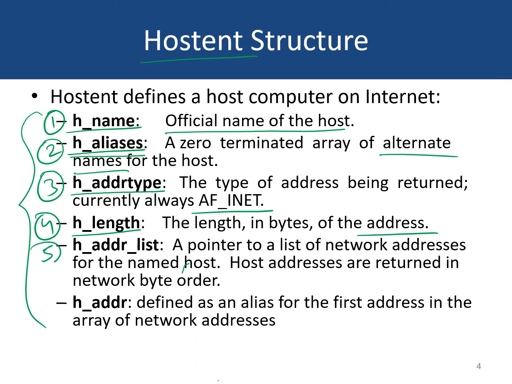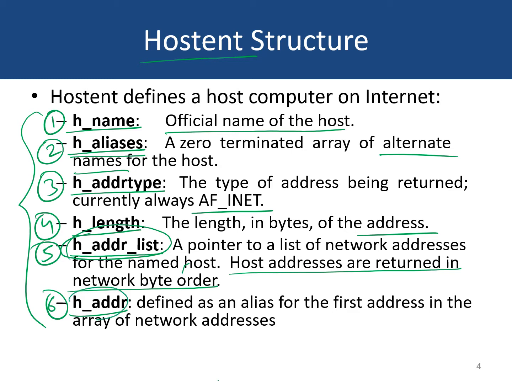Therefore, we have this fifth field in the structure called h_addr_list, which is a pointer to a list of network addresses for the host or for the server machine. Remember that the host addresses are always returned in network byte order. And finally, for backward compatibility purposes, h_addr is an alias defined to the first address contained in this h_addr_list.